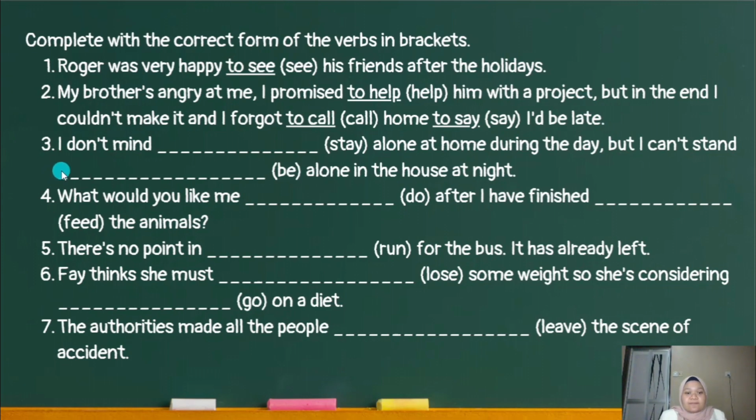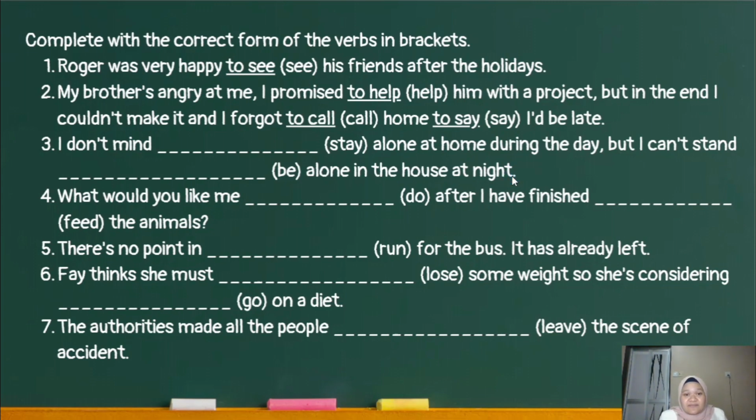So number 3, I don't mind (stay) alone at home during the day, but I can't stand (be) alone in the house at night. So what do you think these sentences will be?